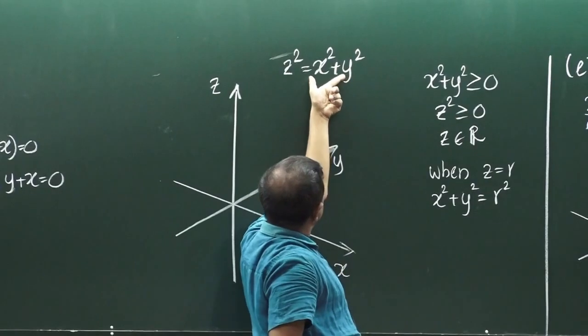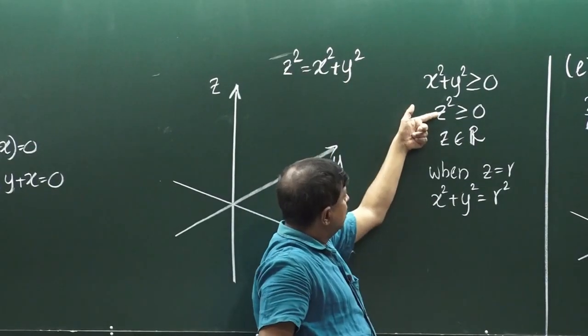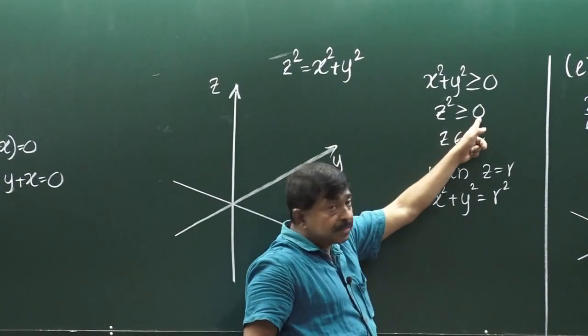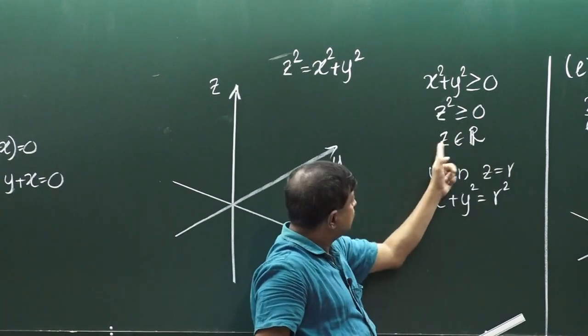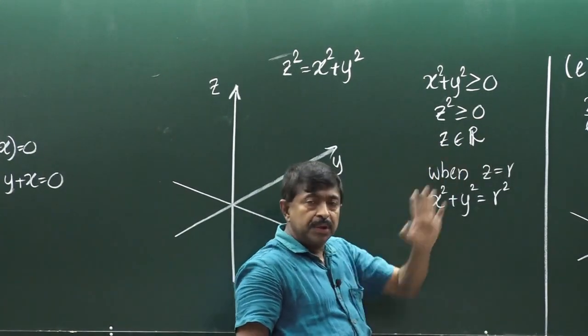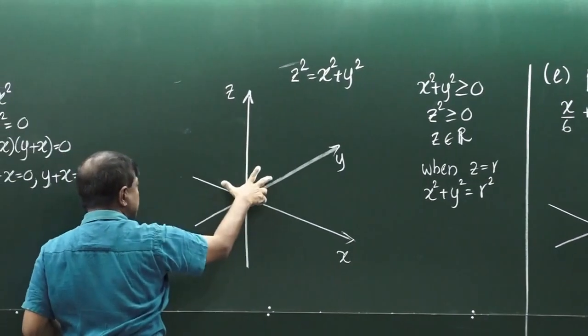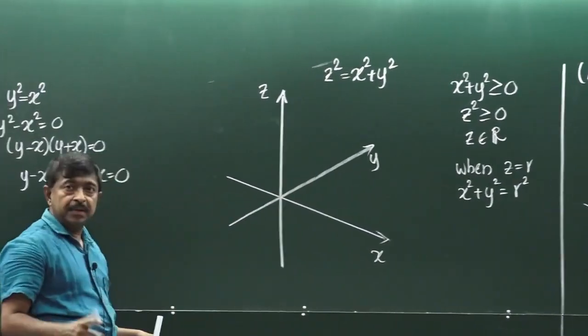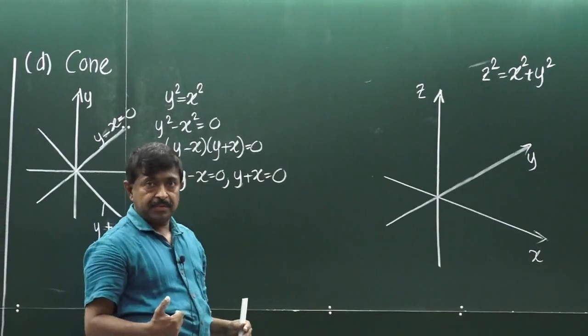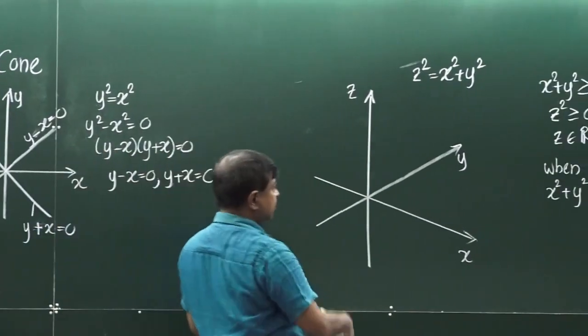But x squared plus y squared is z squared. We know that z squared is always non-negative. That means z can be any real value. It can be anything, right? So for positive values and negative values of z, the object exists.